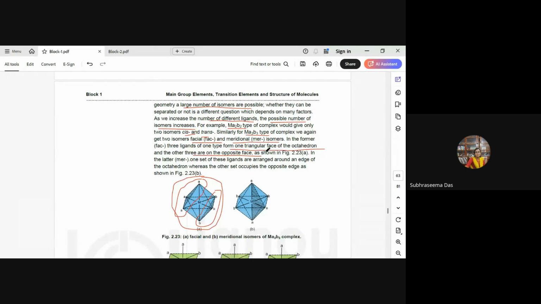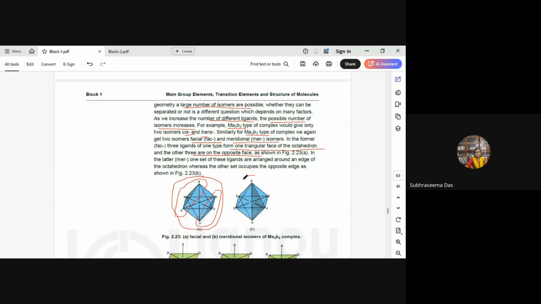Now there is also the possibility of the other isomer, called the meridional isomer. Here we look at figure 2.23b, which shows the meridional arrangement. A set of ligands is arranged around an edge of the octahedron, whereas the other set occupies the opposite edge.